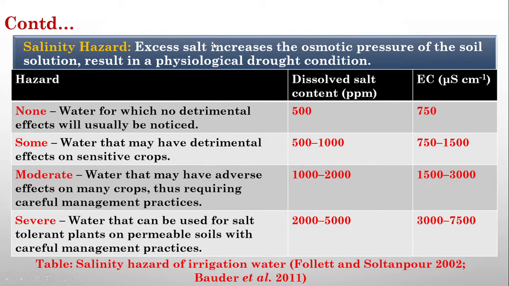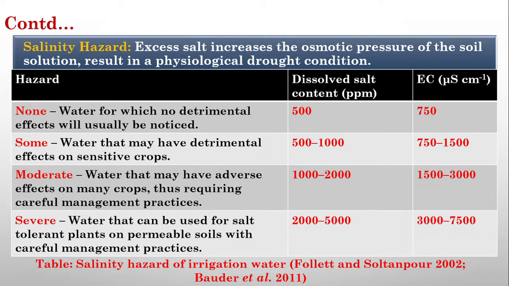The salinity can be represented by two parameters. One is dissolved salt content, which is expressed in ppm, and the other is electrical conductivity, which is expressed in microsiemens per centimeter. According to these two parameters, we determine the hazard which can be caused by that irrigation water to the plants.